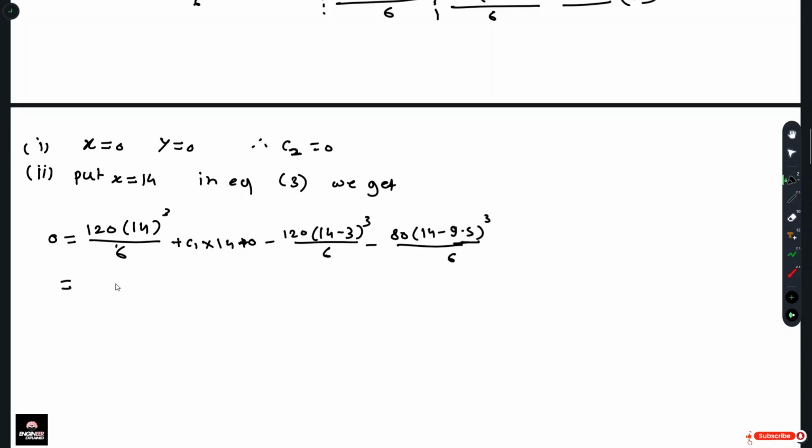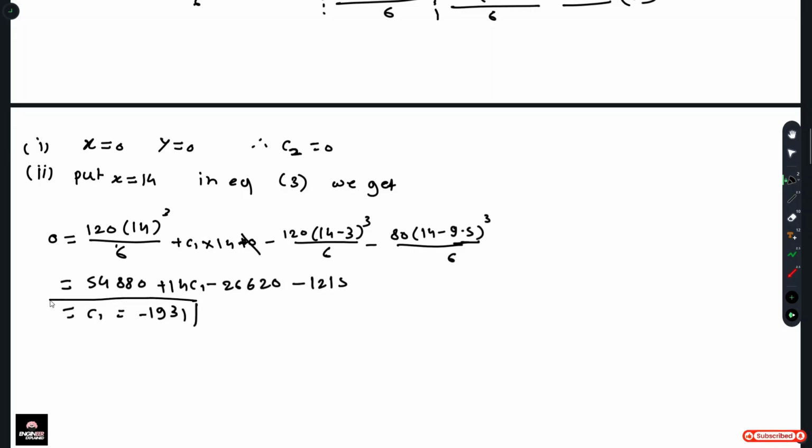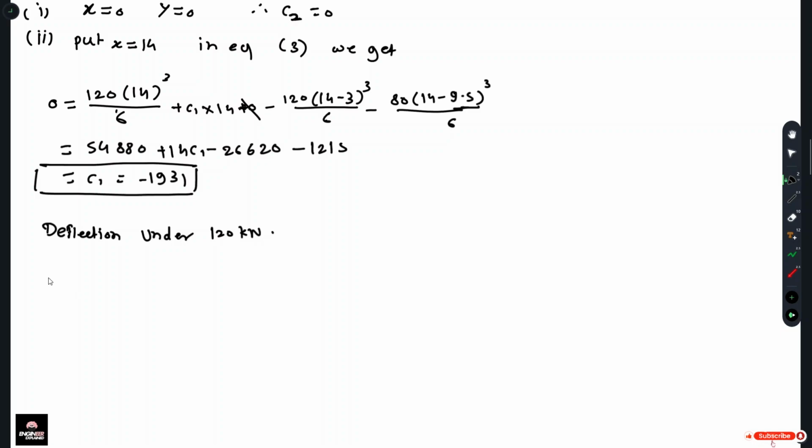After solving this we get 54880 plus 14 C1, where C2 is 0, minus 26620 minus 1215. So C1 is equal to minus 9131. This is our answer. So first write down the deflection equation.